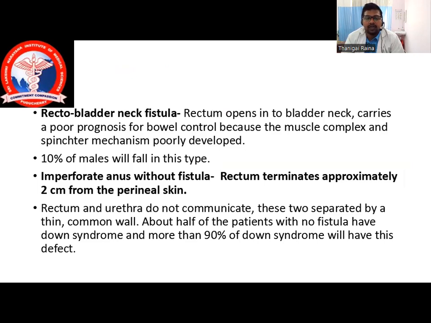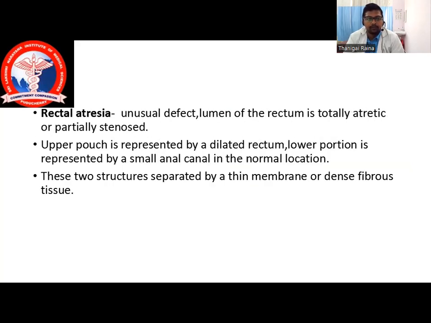And imperforate anus without fistula: the rectum terminates approximately 2 centimeters from the perineal skin. The rectum and urethra do not communicate, and these two are separated by a thin common wall. About half of the patients with no fistula have Down syndrome, and more than 90% of Down syndrome patients will have this defect. That's what I'm trying to convey to you.